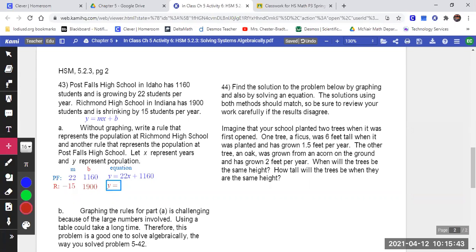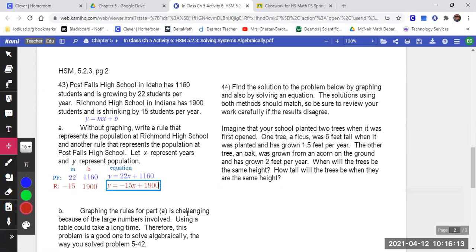Put it in y equals mx plus b format. What's it going to be? Come on, create its y equals mx plus b from its information. Yes, negative 15x plus 1900.